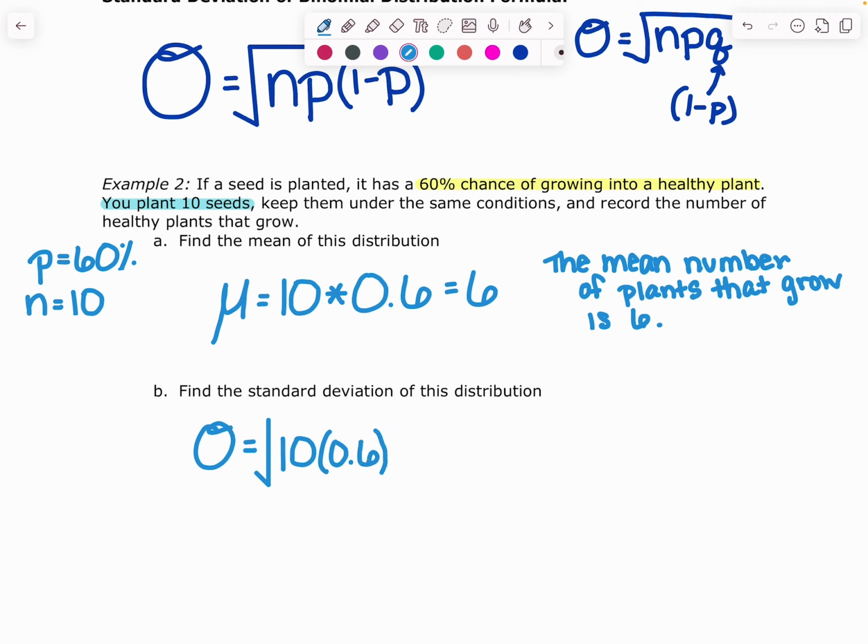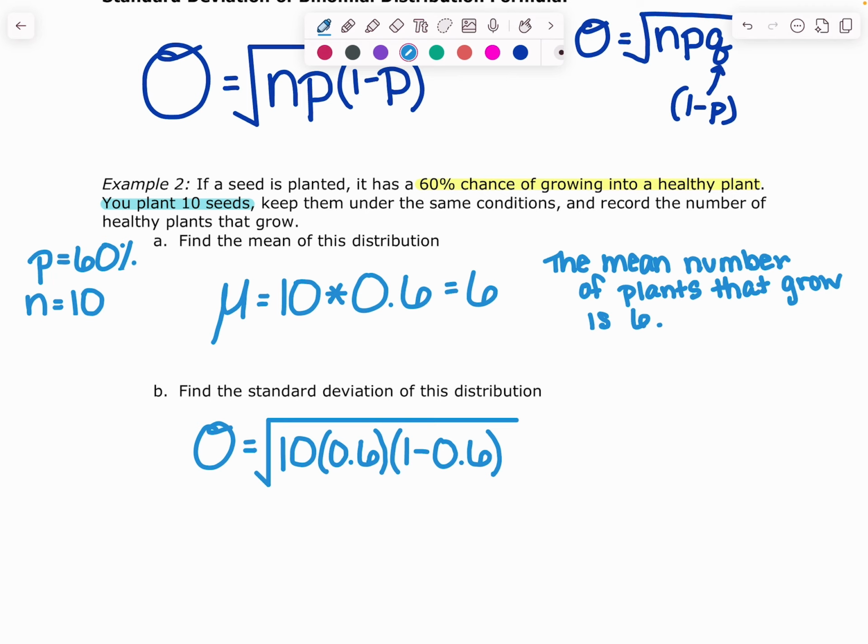I'm going to use parentheses for multiplication here because I have to for the 1 minus 0.6. If you have a scientific calculator, you can do this all at once.